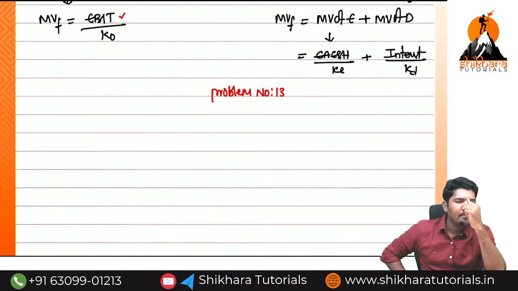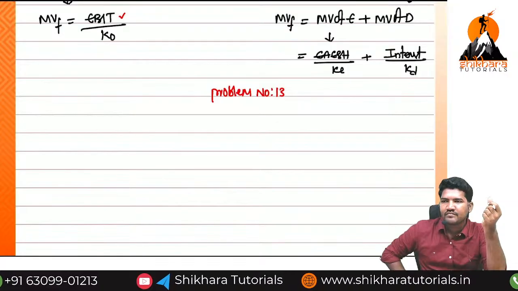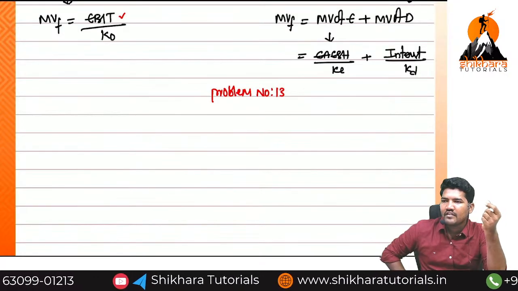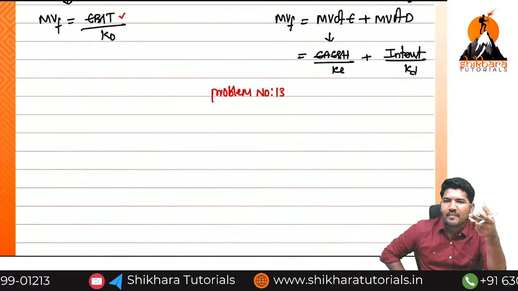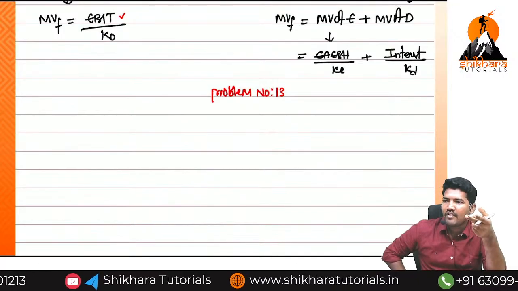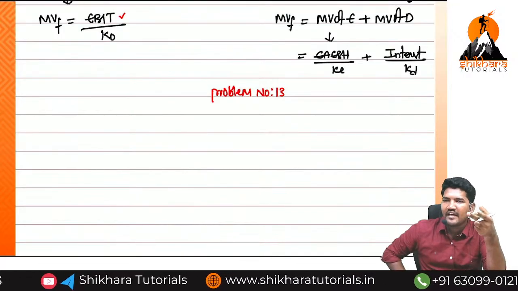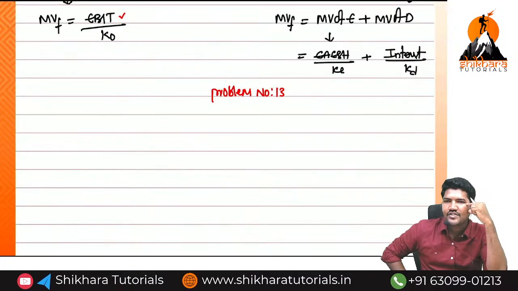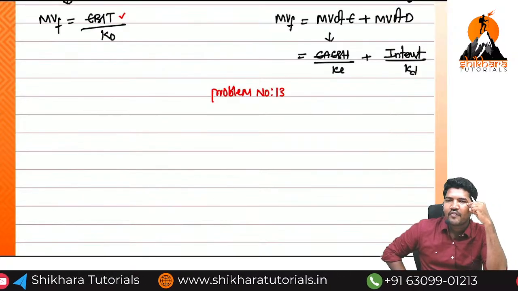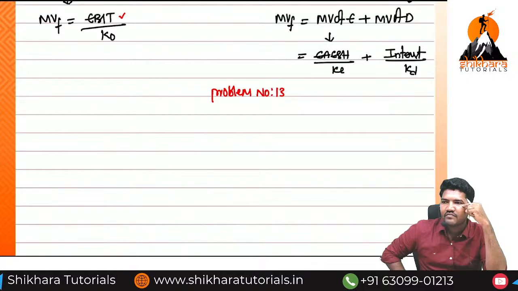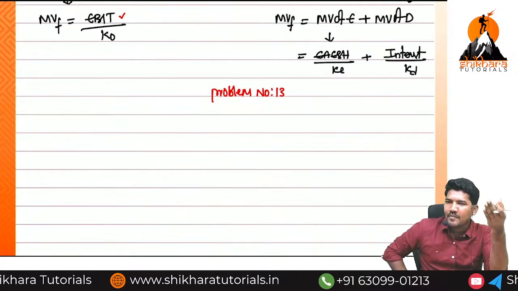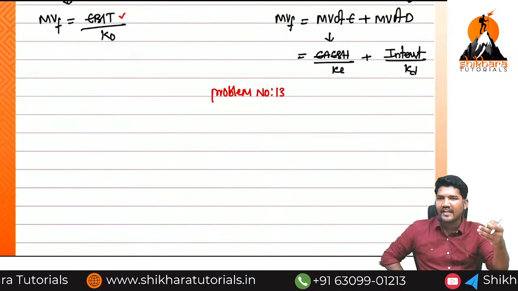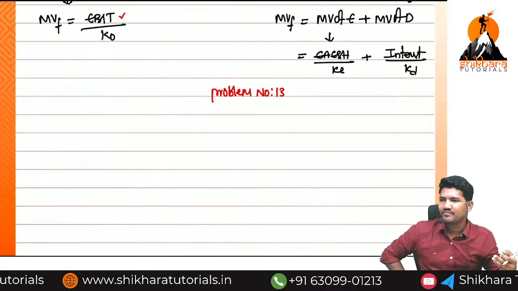Now how to calculate market value of equity? Market value of equity equals EAESH divided by KE. They have not given the EAESH, they provided only EBIT. If you convert that EBIT to EAESH and divide with KE, you will get the market value. Are you clear?